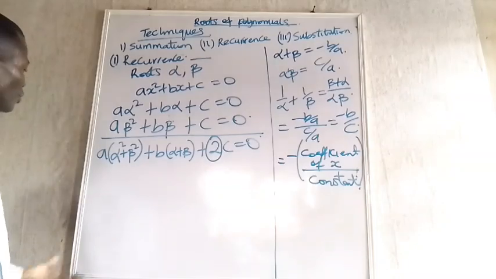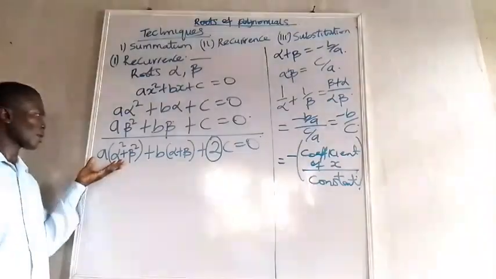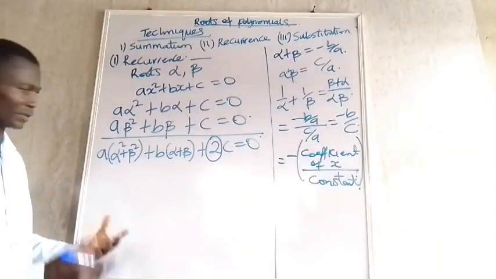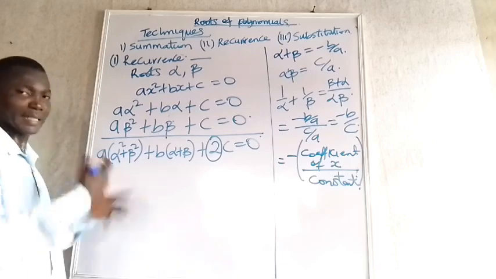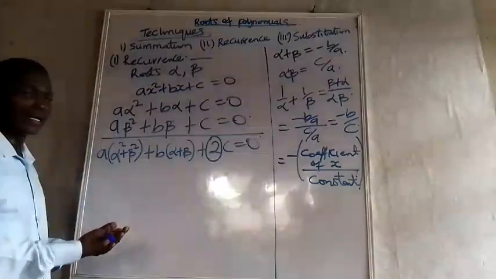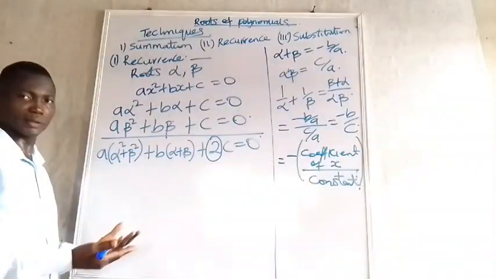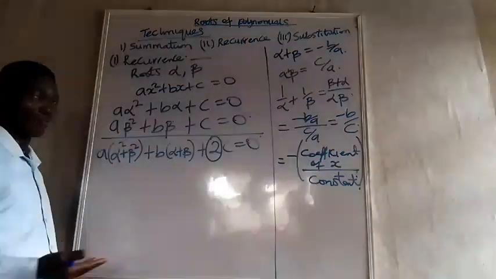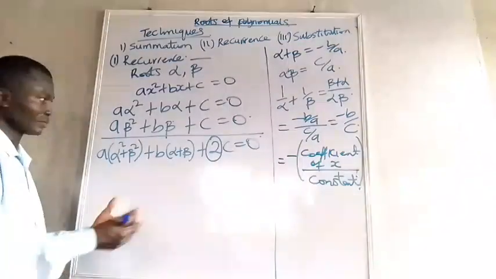Now, assuming I want to find the sum of the squares of the roots, it can be easily gotten here. Whether cube or raised to power 8, I can use this to do it. It does need some research and manipulation.